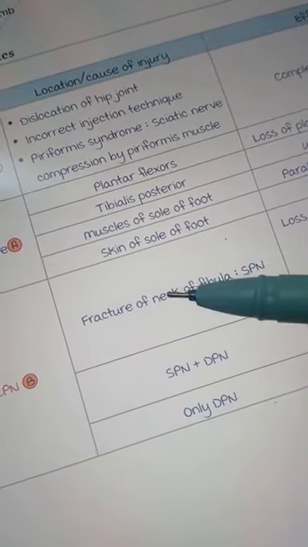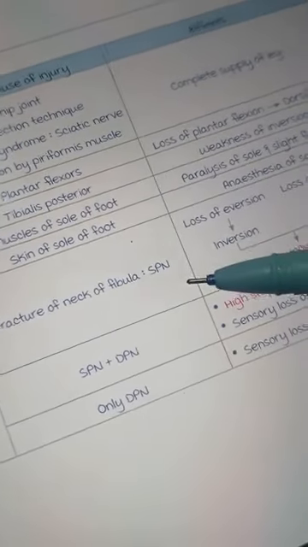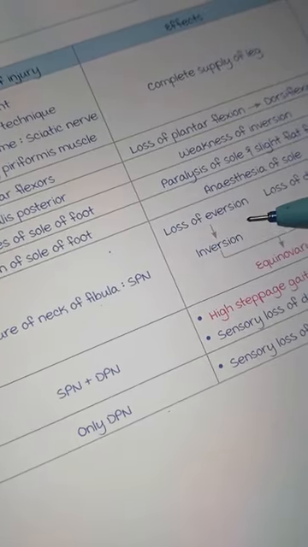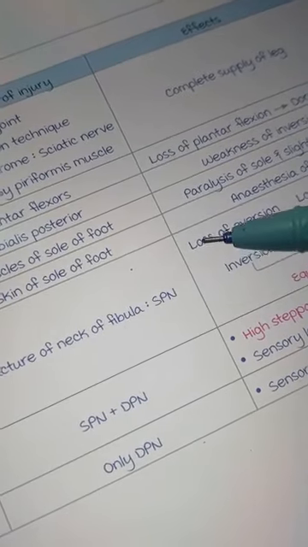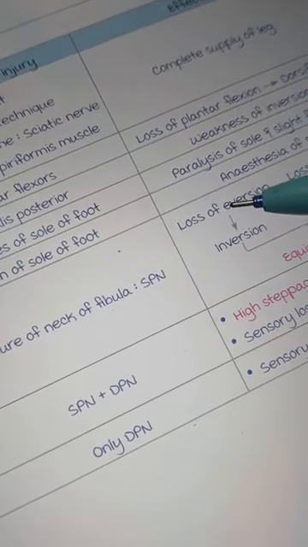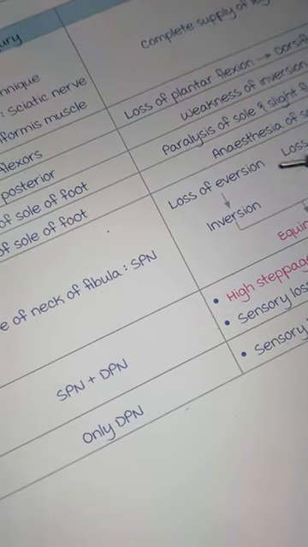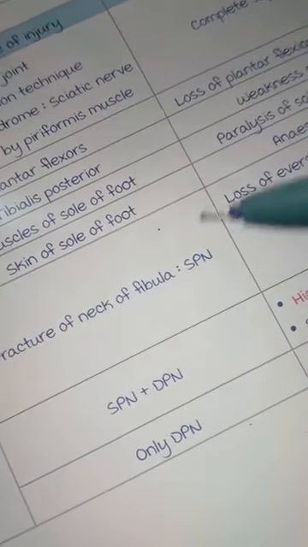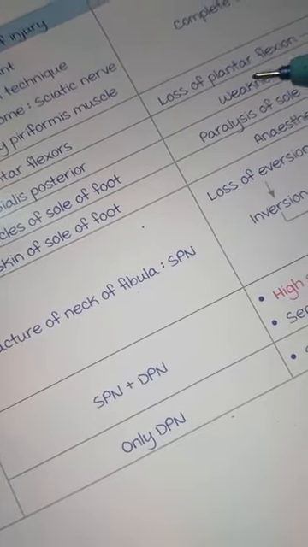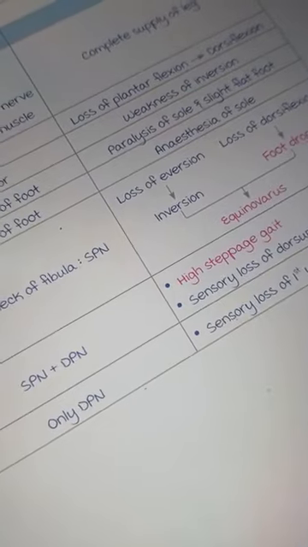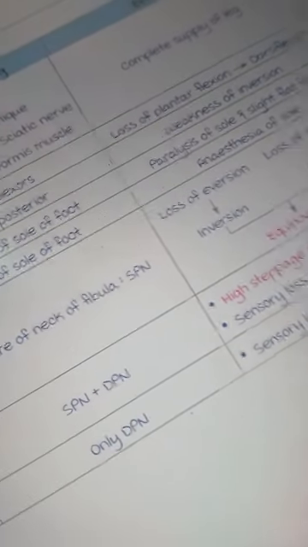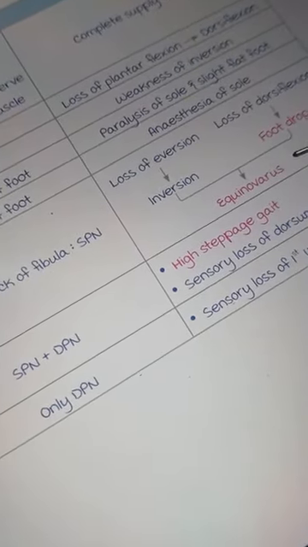CPN, common peroneal nerve, that is fractured neck of fibula, superficial peroneal nerve, loss of eversion, correct? And because superficial peroneal nerve was giving supply to peroneus longus and peroneus brevis, which were the everters, and since it will be fractured, these nerves will be damaged, loss of eversion action, it will cause inversion, and loss of dorsiflexion will also occur, because it will lead to basically foot drop, and this foot drop is responsible for the damage to the superficial peroneal nerve.